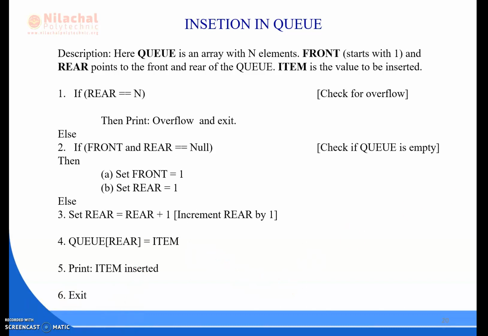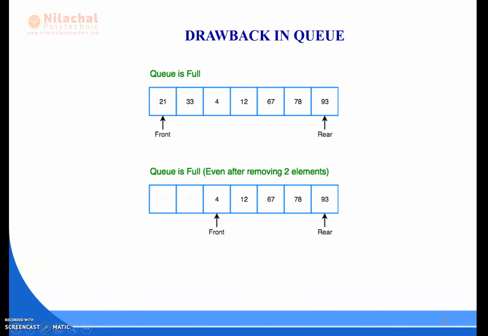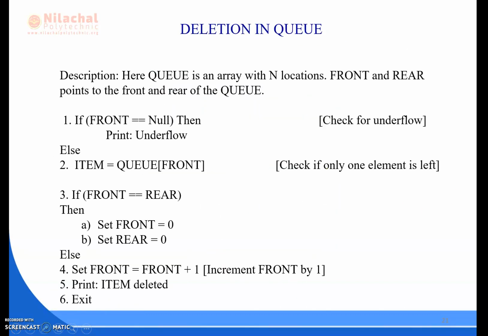Next we will move to deletion in queue. Here queue is an array with n locations. The front and rear point to the front and rear of the queue. If the front is equal to null, that means there is no initialization of the queue, that is there is no data element present in the queue, so we will be printing underflow and we will exit.